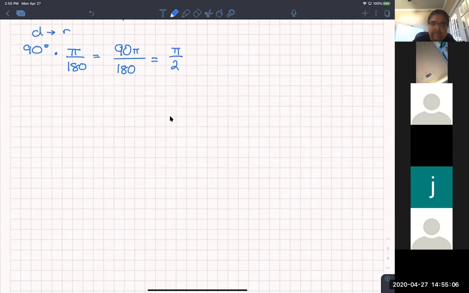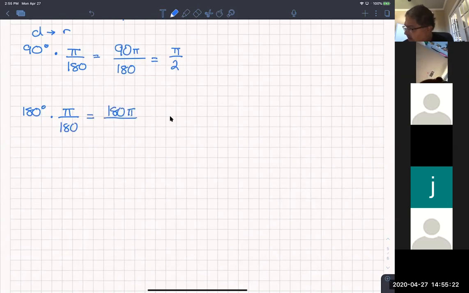Now, 180 degrees, we do the same thing. We get 180 pi over 180, which is just pi.